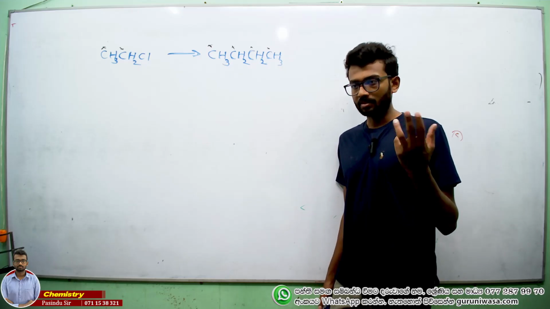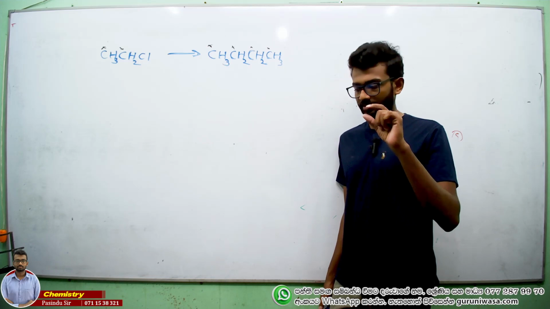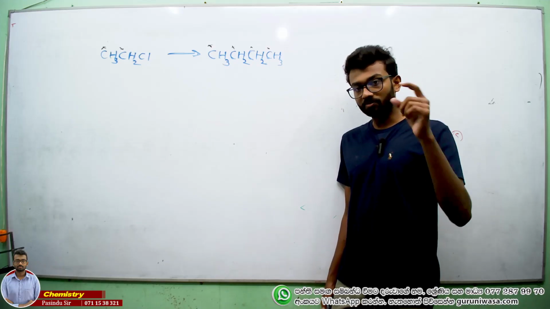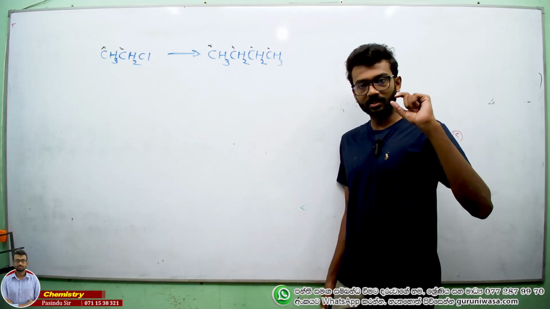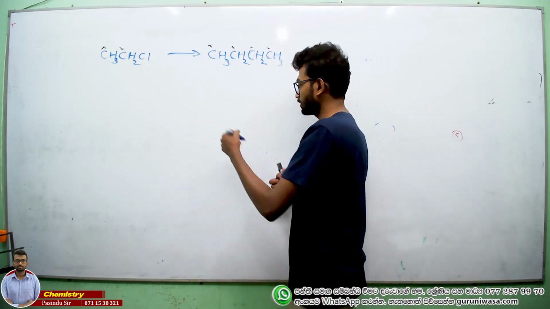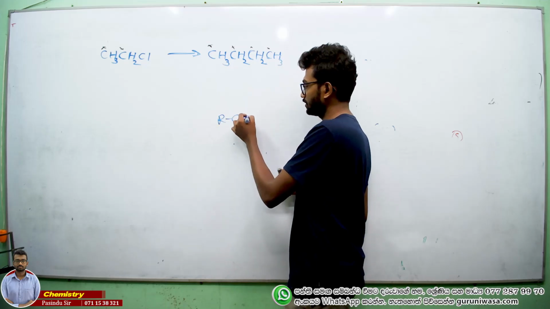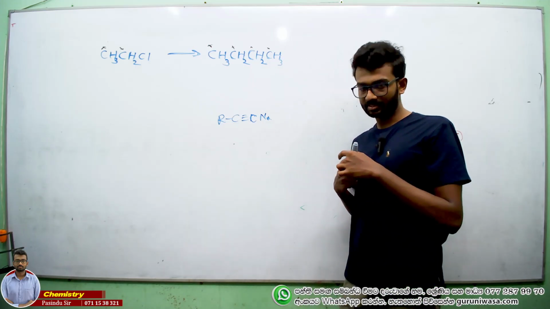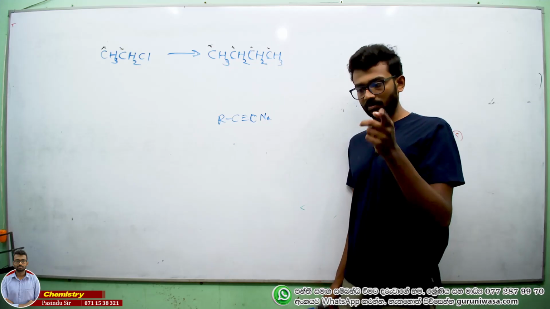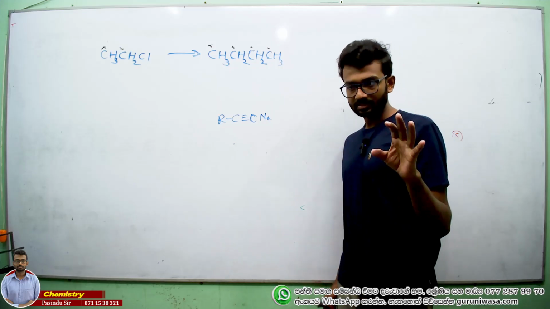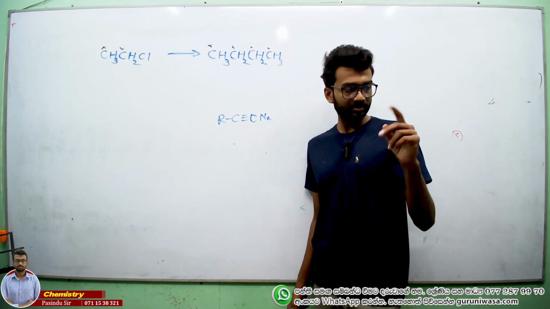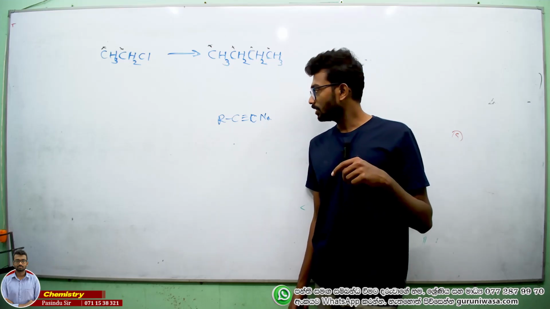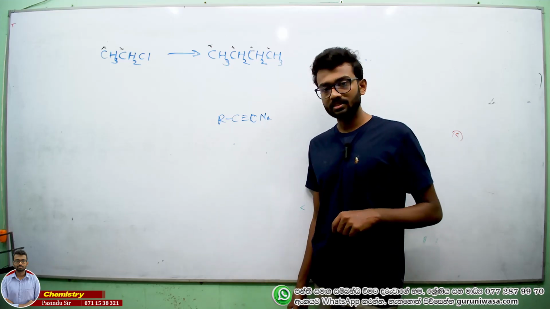One is reacting the halide with a salt of the alkyl group, like RCCNa or something similar; then you can increase the number of carbons. The other common one is reaction with Grignard. You can react with Grignard, and then you can increase the number of carbons.